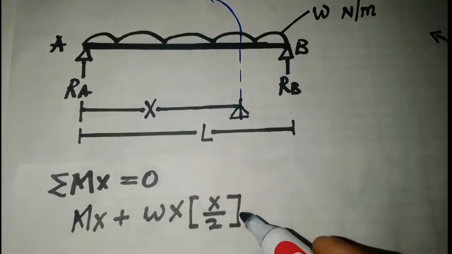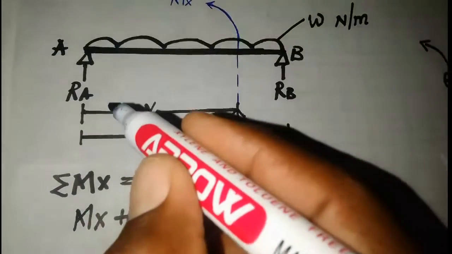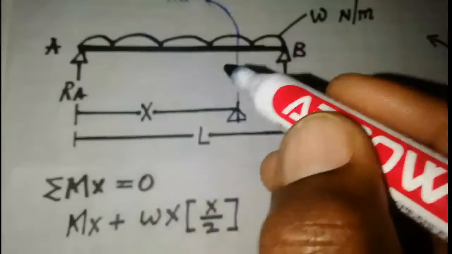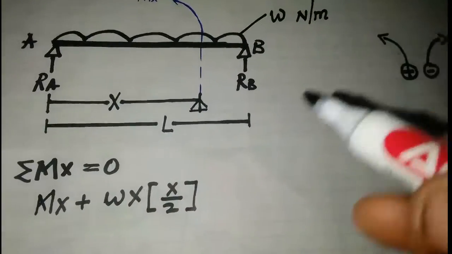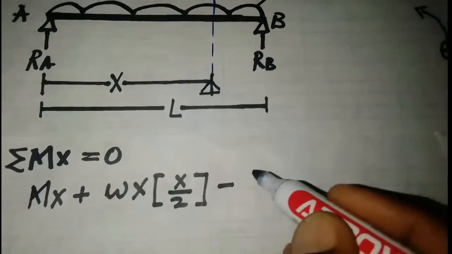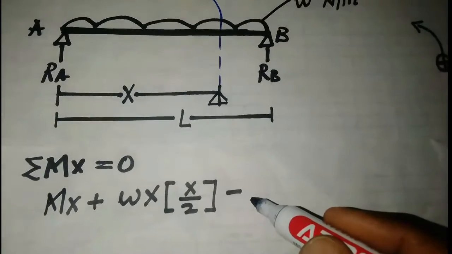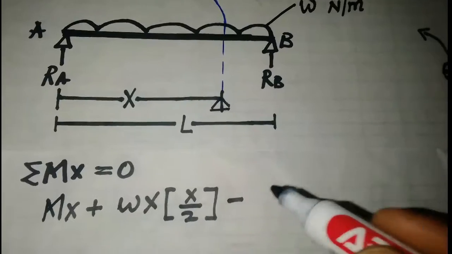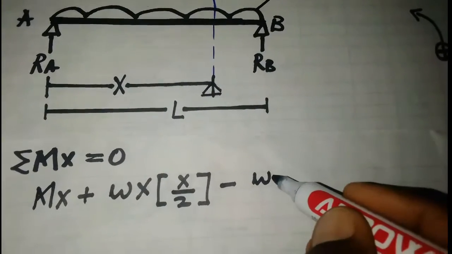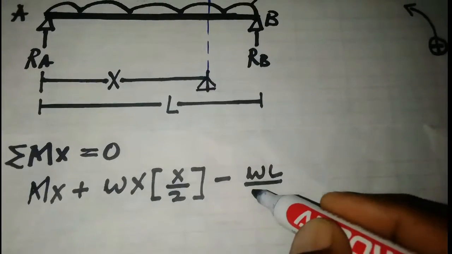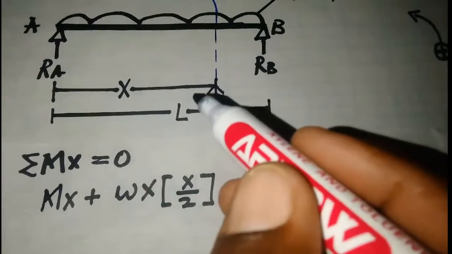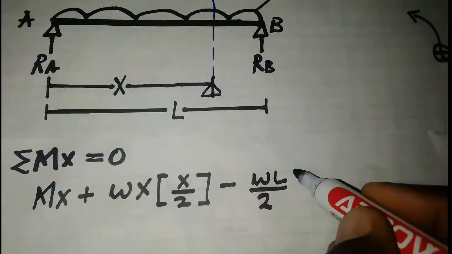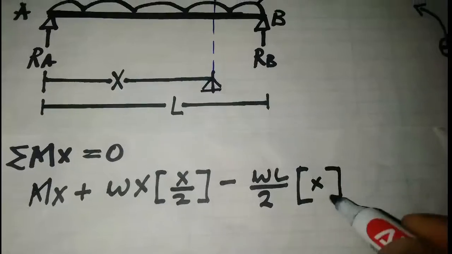We also have a reaction going upward. At this pivot it will take a negative sign, so we subtract RA. But we know that RA is equal to WL over 2, which we've just solved, and it is acting at x meters, so we multiply by x here.